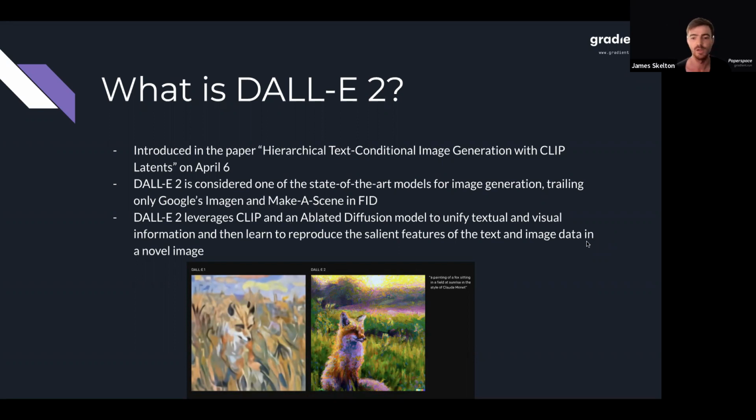So next, DALL-E 2 itself leverages CLIP and an ablated diffusion model to unify textual and visual information, and then learn to reproduce the salient features of the text and image data in a novel image.